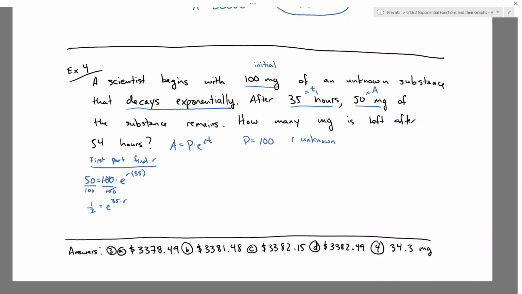Okay, so this is going to be a little bit complicated, so there's a slightly easier way to do it using the half-life formula, because the initial amount versus the 50 is exactly 1/2. So since 50 is 1/2 of 100, we can use what's called the half-life formula.